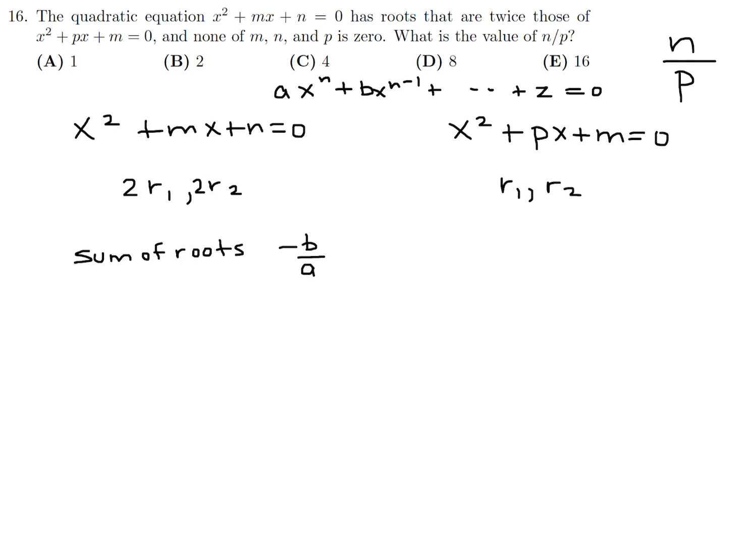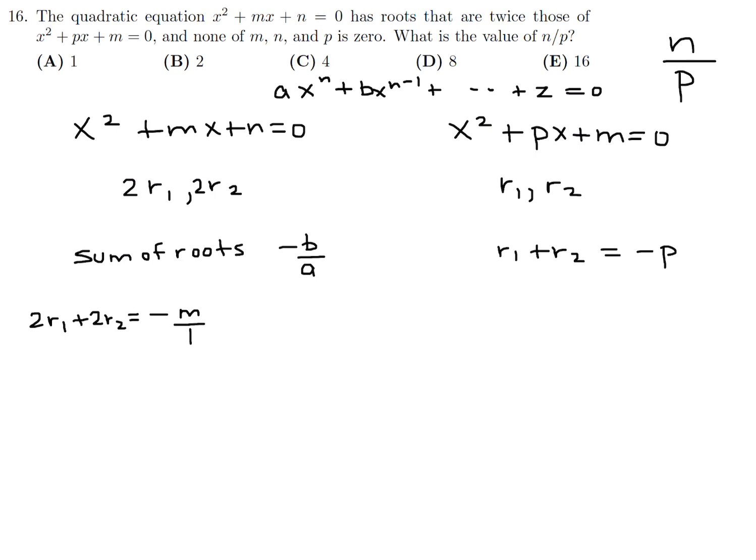So in our case, up here, our minus b over a is going to be minus m over 1. And that's the sum of the roots, so that's equal to 2r1 plus 2r2. All right, so that's the first part. Now over here on this side, using the exact same formula, this sum, r1 plus r2, is minus b over a, which in this case is minus p.